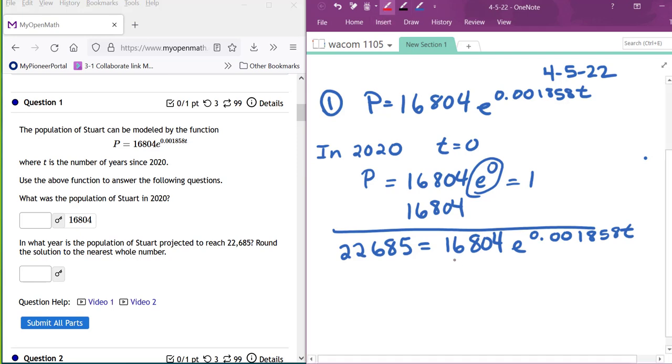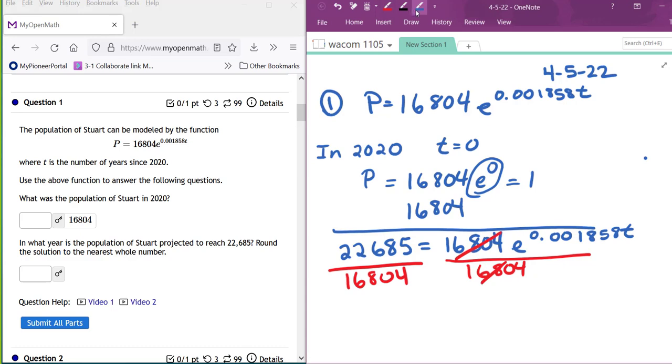And so we're going to divide on both sides by 16,804. And you have two different things you could do here. Your next step is going to be to take the natural log of this side on the right. So you'll do natural log of both sides to bring this exponent down, and then you'll divide by it.